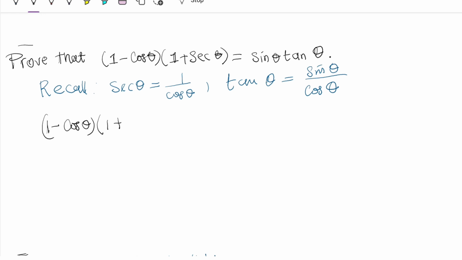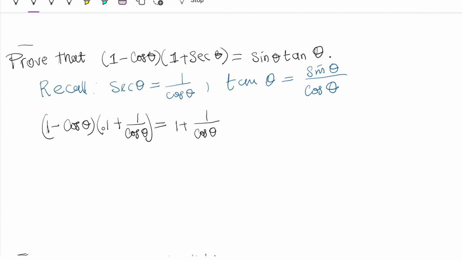Okay, so this is 1 over cos theta. All right, now let us expand. So 1 multiplied by 1, I just distribute. So this is 1 multiplied by 1 multiplied by 1 over cos theta is 1 over cos theta.